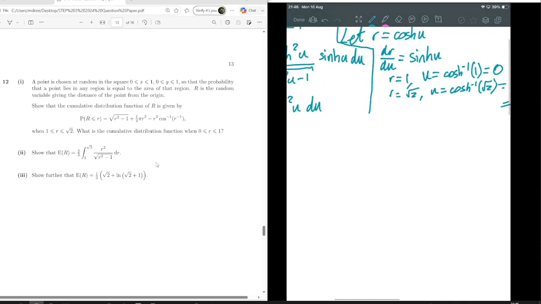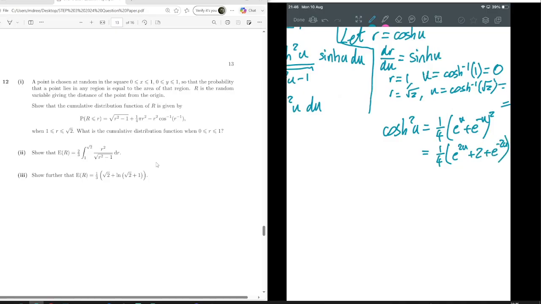I'll do that side over here. So cosh squared u would be a quarter of e to the u plus e to the minus u, all squared.